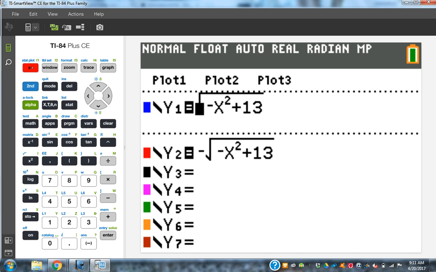Yeah, I don't understand. It just cuts off the system, doesn't it? Let's try it.